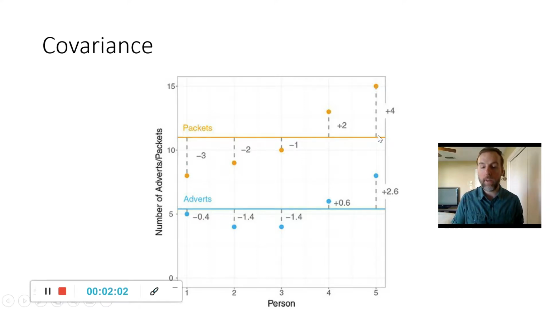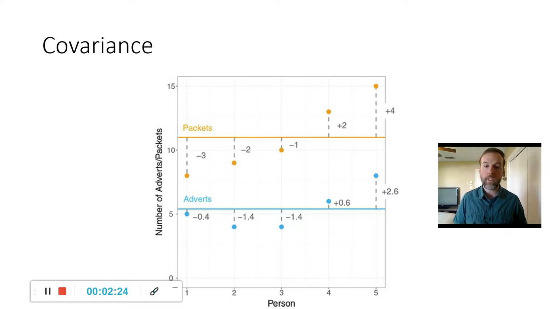Participant 5 is varying in the opposite direction. They purchased 4 more packets than the grand mean. And we can look at a similar relationship for the number of adverts. What we can do is look at whether the variability from the grand means in these two variables covary.